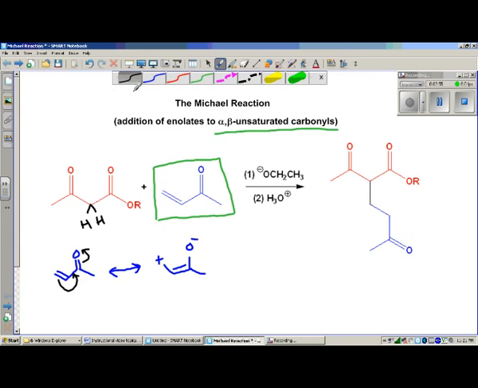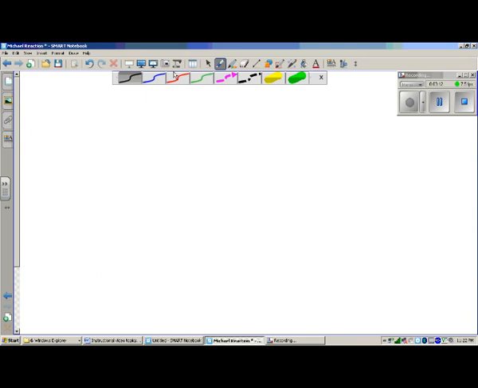Alright, so let's take a look at our mechanism. Let's assume we've already gone through the fact that the base has reacted with the acidic alpha hydrogens and formed the enolate. So let's just start off by drawing that out. Here is our enolate, and I'm going to draw it in red just like it is over on the page that we were just on.